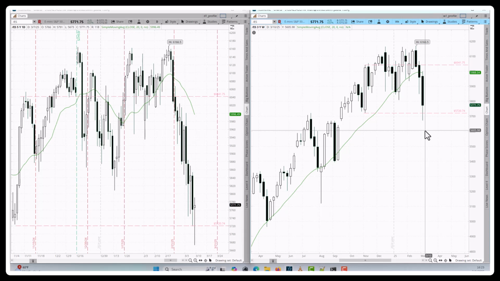Looking at the weekly and the daily gives us a lot of information.